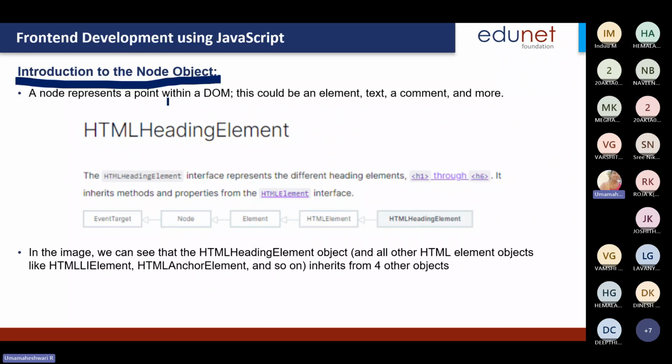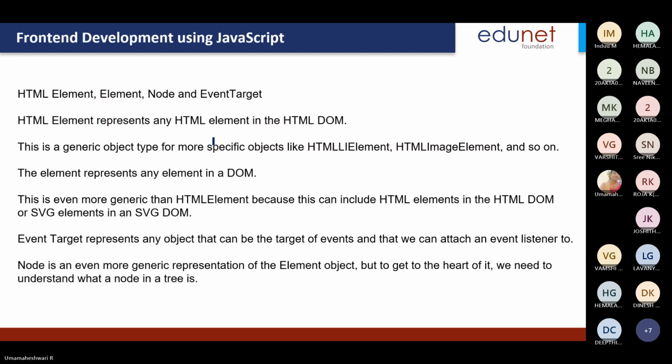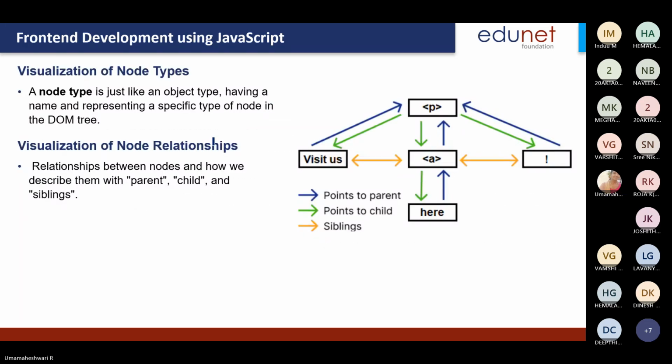Now next we move on to the introduction to node object. A node represents a point within a DOM. This could be an element, text, a comment, and more. So what is this node first of all? Let's see.